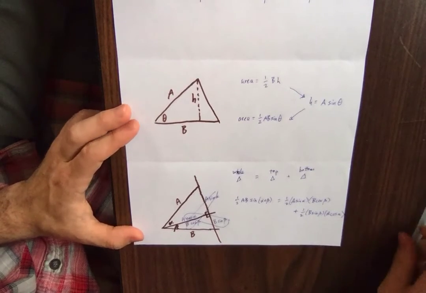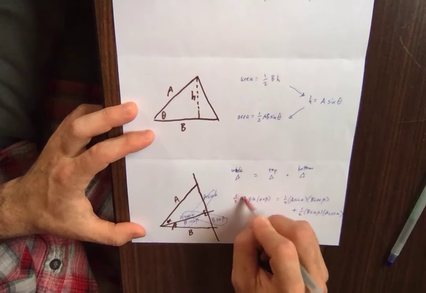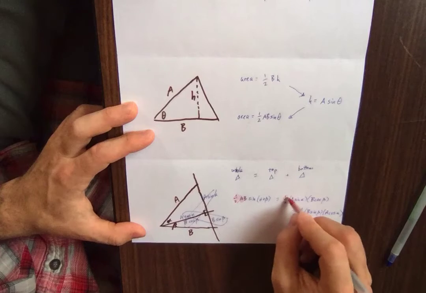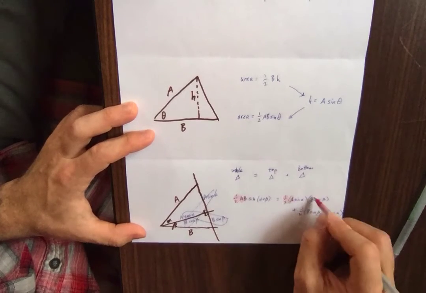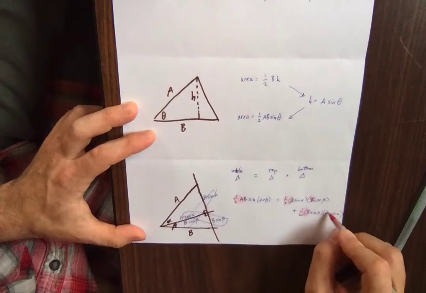All right, and at that point, you don't really ignore, but you cancel out the 1/2 and the A and the B all across the equation because they do cancel.